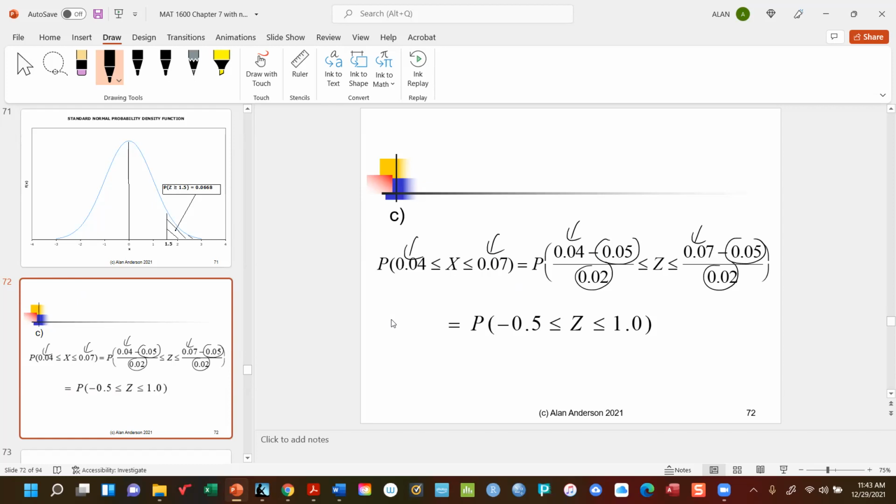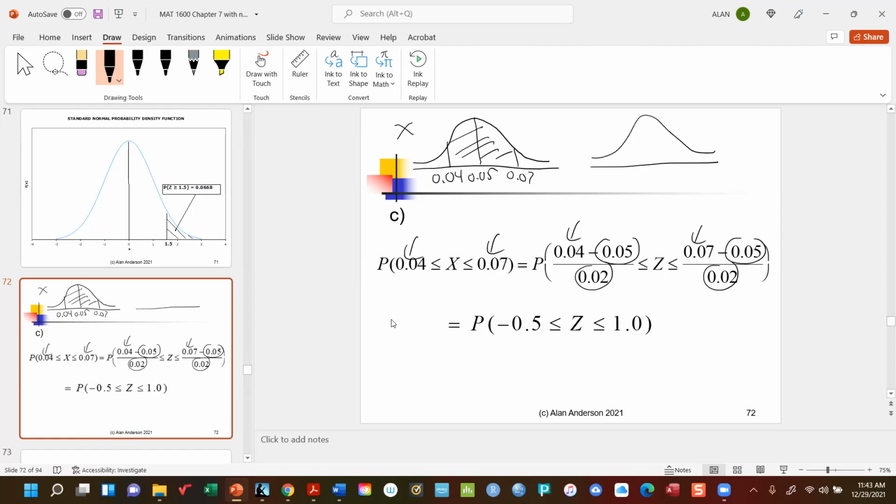And that means that this setup for X is equivalent to being between -0.5 and +1 with the standard normal distribution.